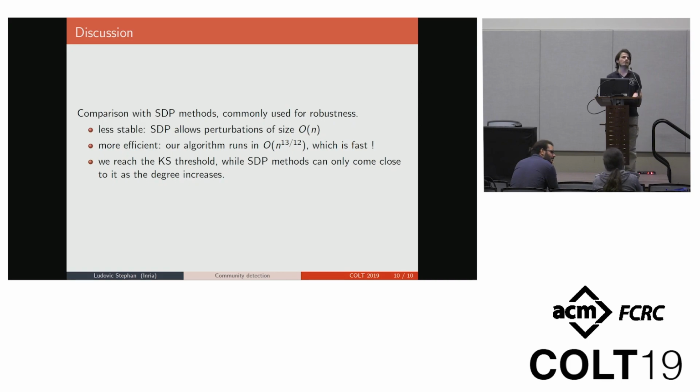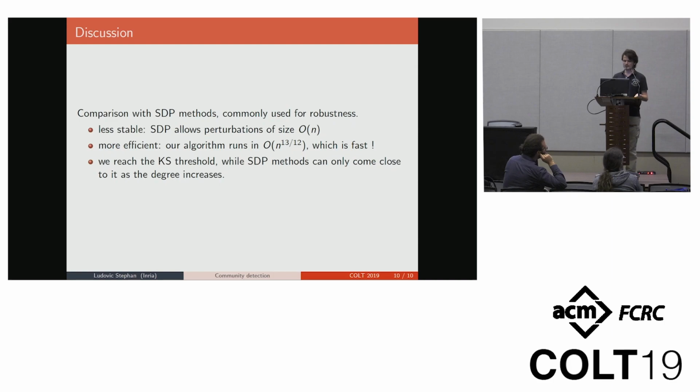But however, they are known to be pretty slow, while the algorithm based on the matrix D_L, which just applies some clustering algorithm to the top eigenvectors of the matrix, can run in almost linear time, so n to the 13 over 12, which is pretty fast compared to SDP methods.